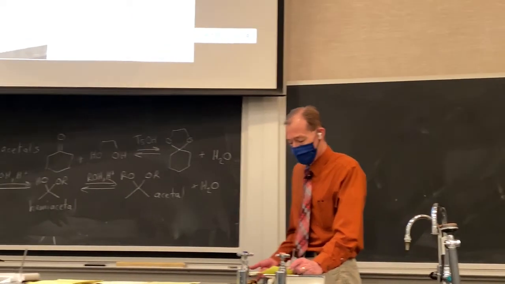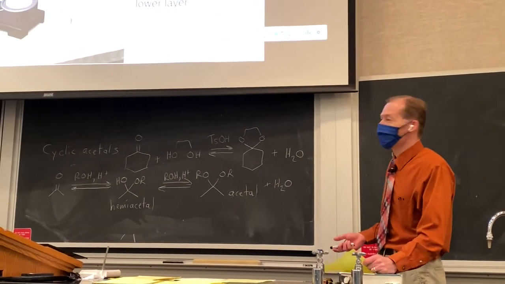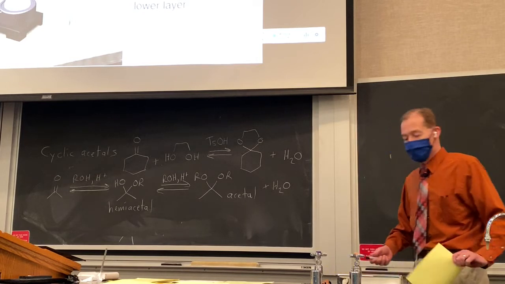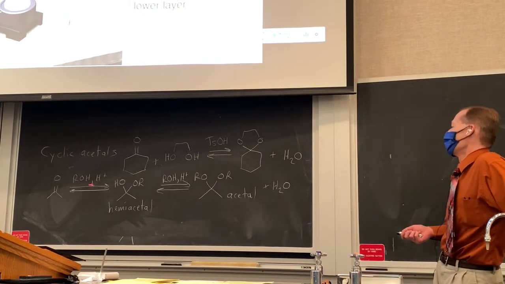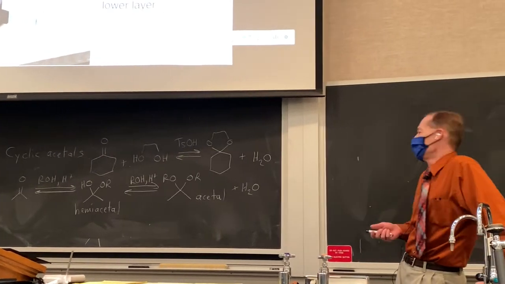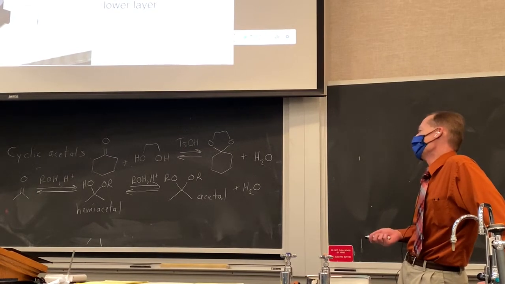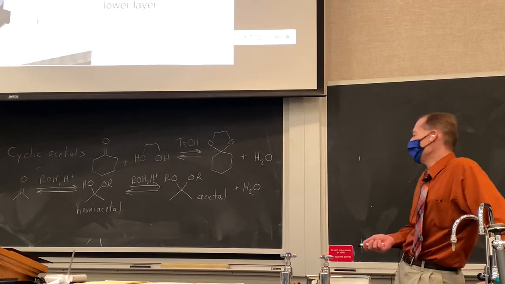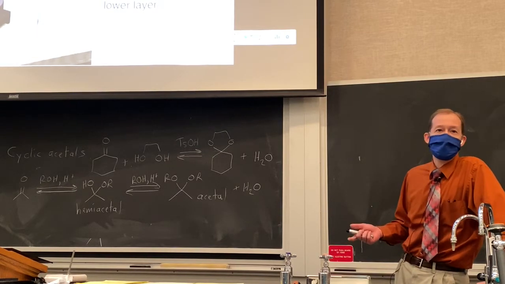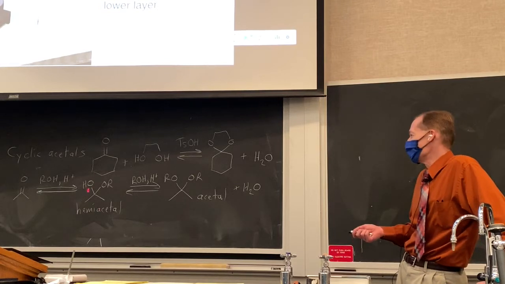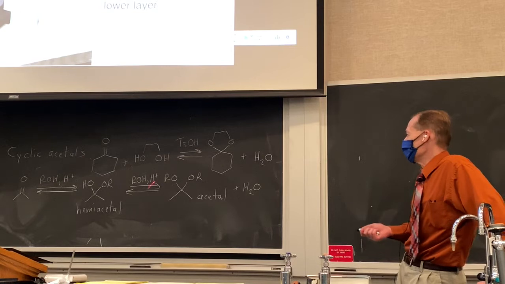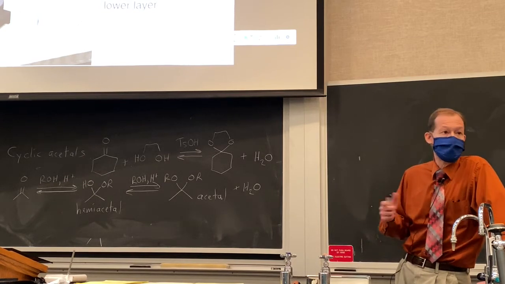So the mechanism for acetal formation has two parts to it. In the first part, we react one equivalent of our alcohol with catalytic acid and the aldehyde or ketone, and we generate a species called a hemiacetal. Hemi stands for half. This is half of an acetal because it just has one ether group on the oxygen and one OH group.